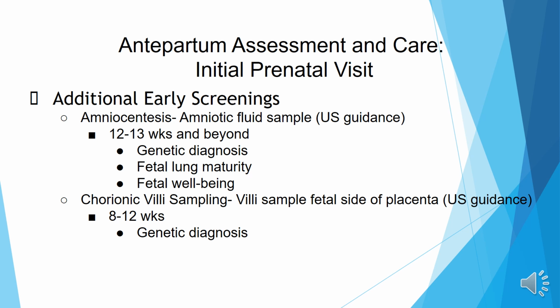Additional early screenings that we can do are amniocentesis and chorionic villi sampling. You don't have to know too much about these, just that they are typically used in early screenings for people who are at risk for a lot of genetic anomalies.